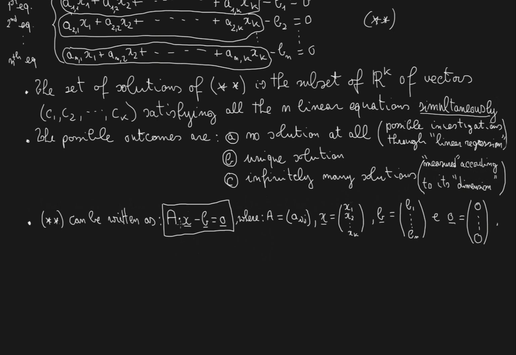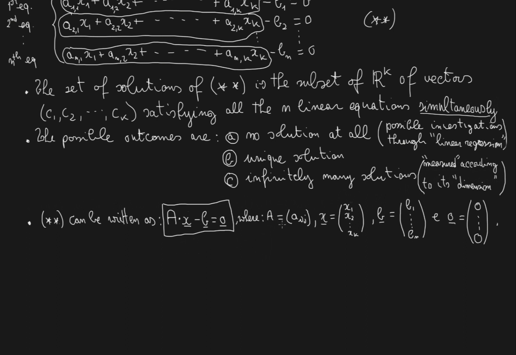A times X minus B, so X and B in this case are underlined, notice that, equals 0. When I underline a character, I mean in this case that I give this character a structure of vector. So this is not going to be just a real number, but it's going to be, in this particular case, a column vector of the appropriate length in order to make this expression make sense.